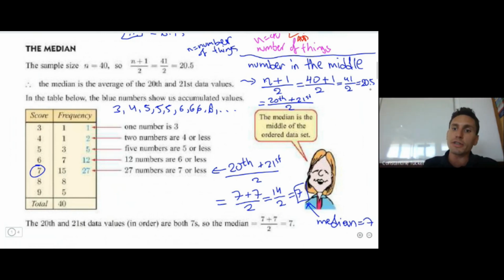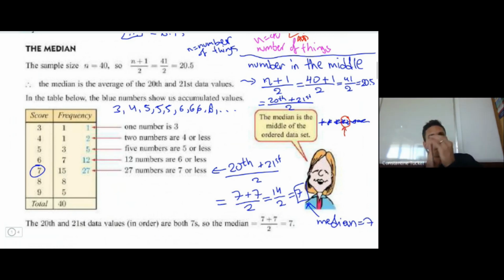Your median will be the sum of the 2 middle values divided by 2. So remember, when we have an even number of things, the median is the number between those middle numbers. But if those 2 numbers are both 7, then the median is going to be 7.